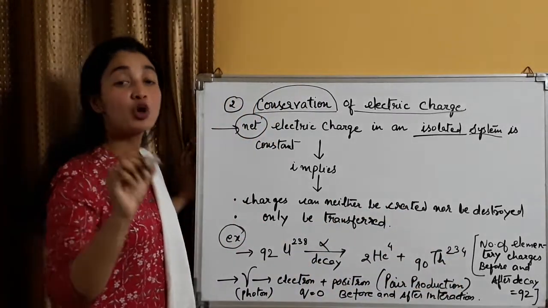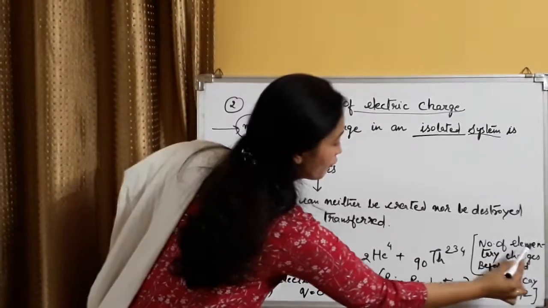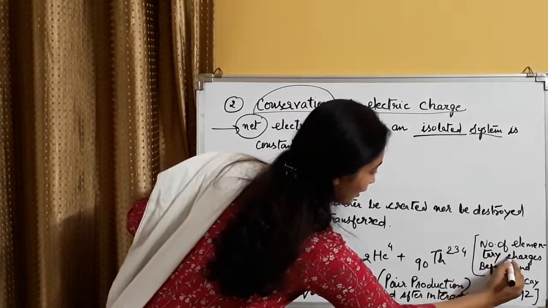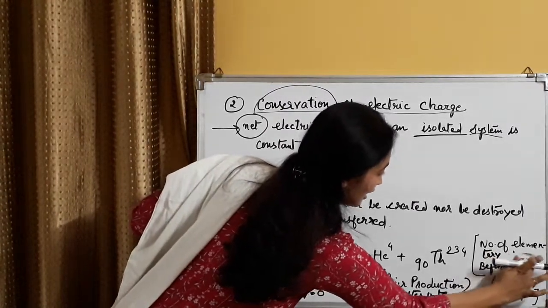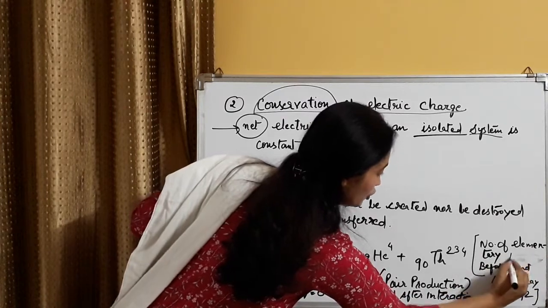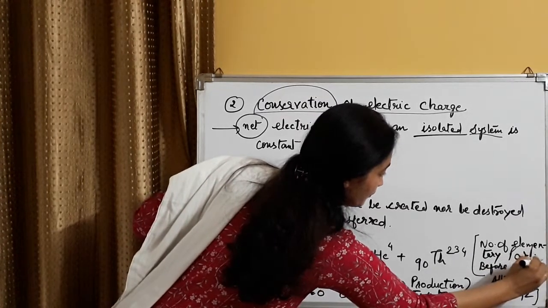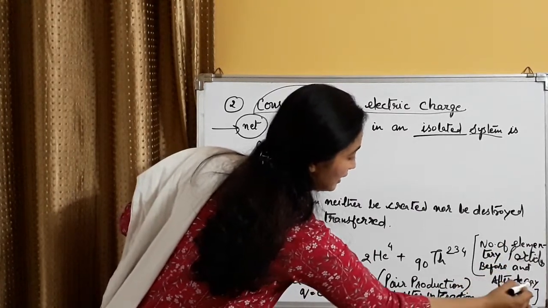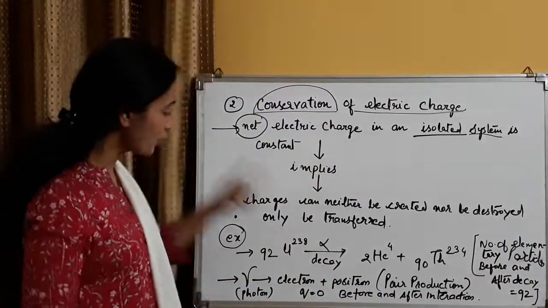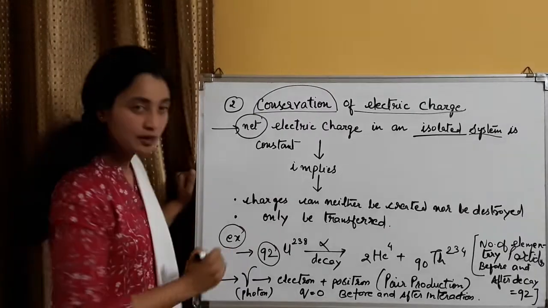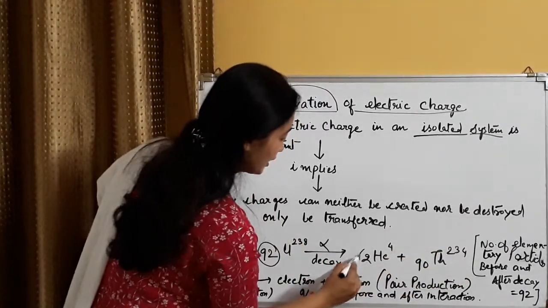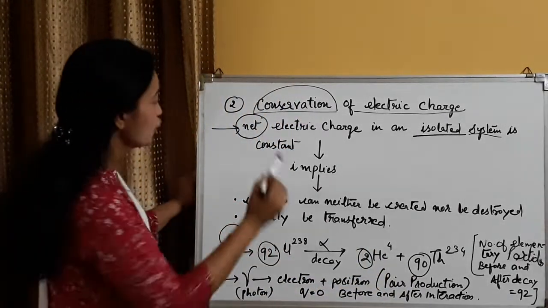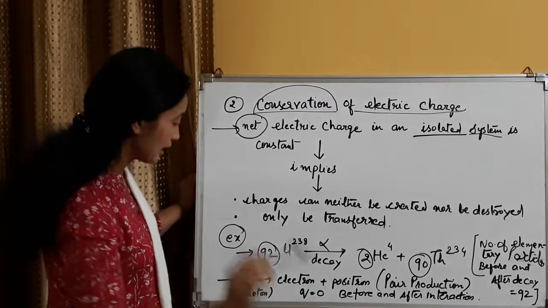Here I want to draw your attention to the number of elementary particles before and after decay, which remains the same. Before decay, the number of elementary particles 92. After decay, the number of elementary particles 2 plus 90, again 92. So the net electric charge is conserved.